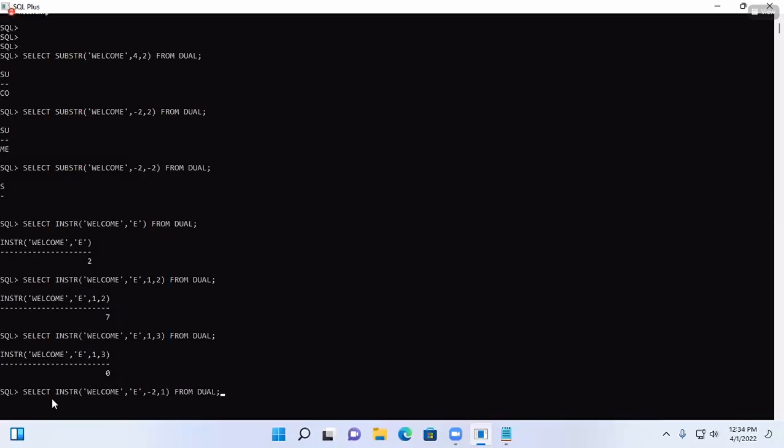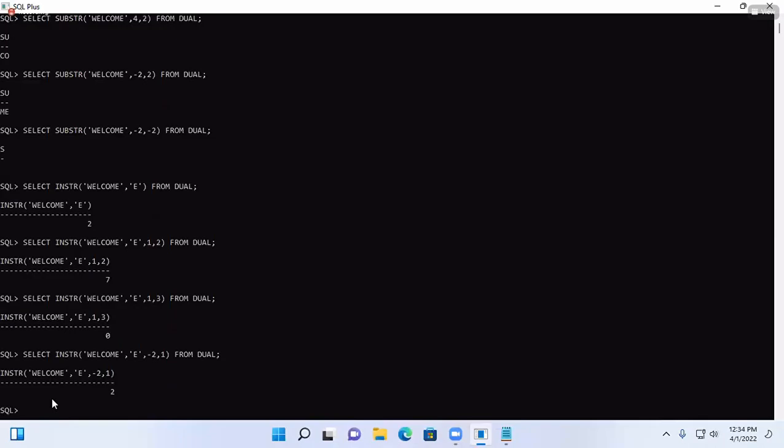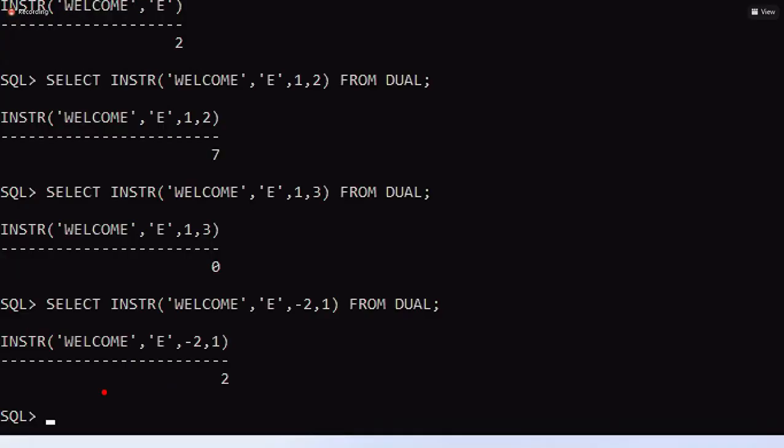Fixed values, I said. 2 only. See, 2 only here. Carefully observe. This is -2. From there, count. Which occurrence did I want? First occurrence. That means this one is not considered. This is -2, and from there I want to consider. The first E I leave because I'm not considering it.